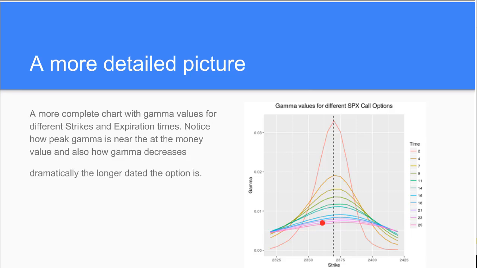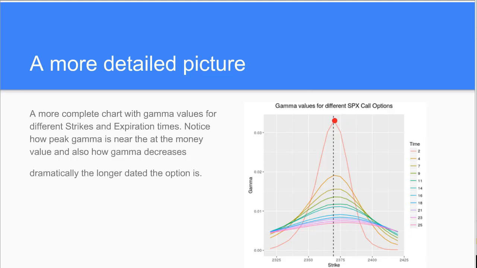You are not using options as they were designed for. Options were designed to provide optionality, yet you are using options that have no optionality. Look at how low gamma is for 25 days. Imagine an option with 400 days or 500 days or 1,000 days. Gamma will be almost zero. So those options don't serve the purpose you think they are serving. They don't give you optionality if you are a long gamma trader.